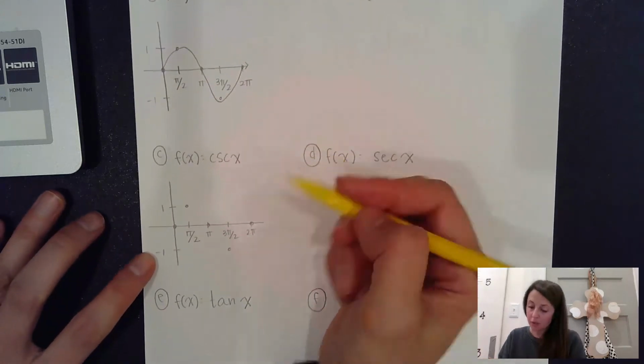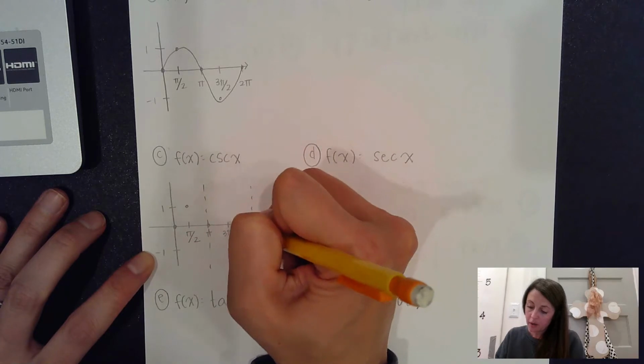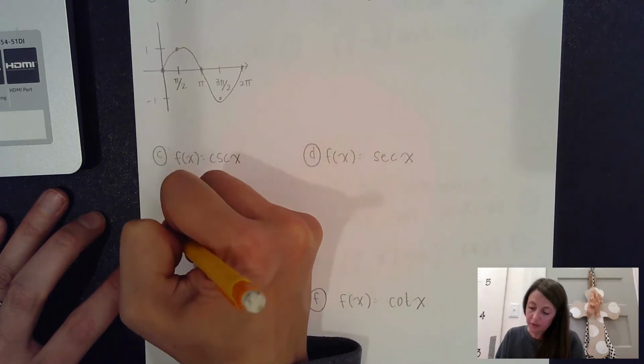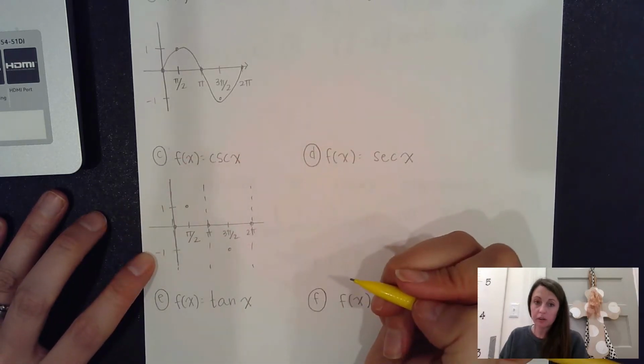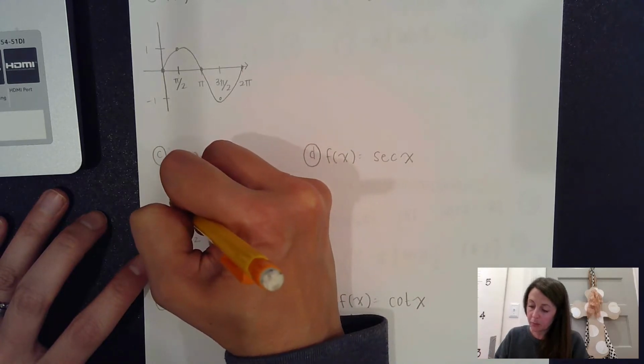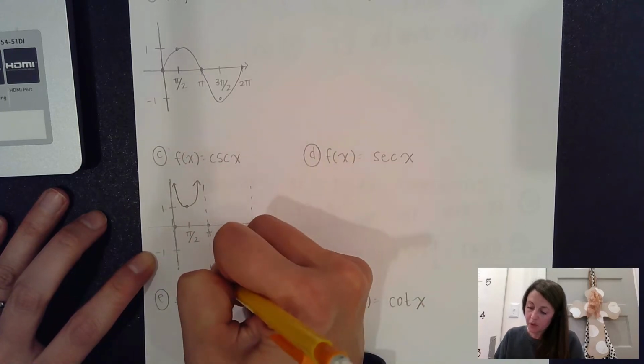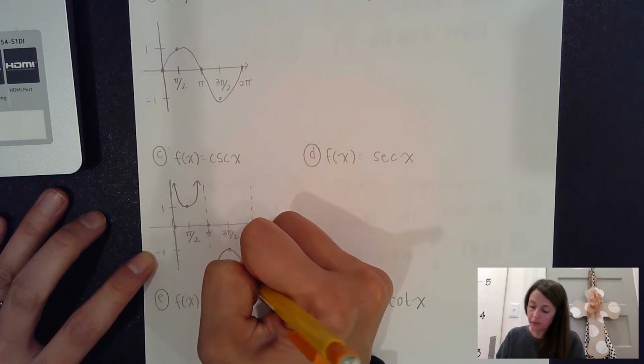But for cosecant, remember you have your asymptotes at each one of those zeros of your sine function. So at pi over 2, at 1 here, I'm going to be opening up, and at 3 pi over 2, I will be opening down.